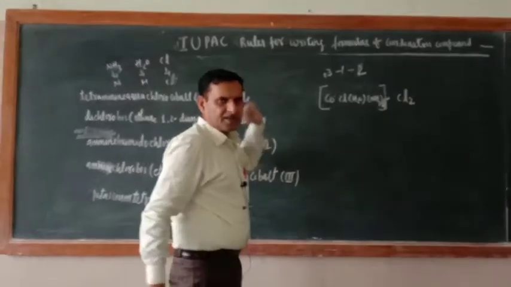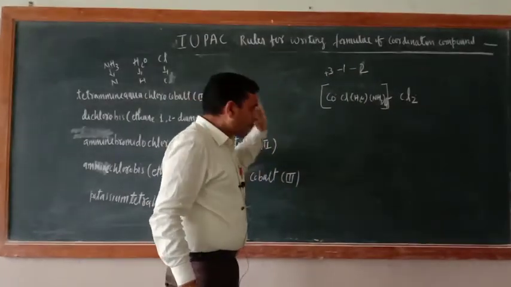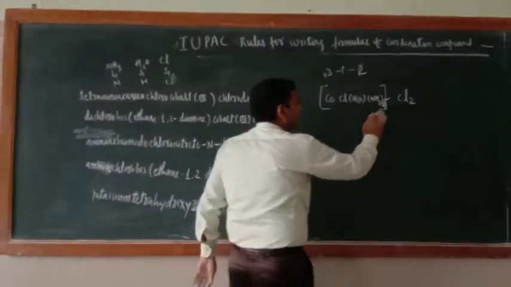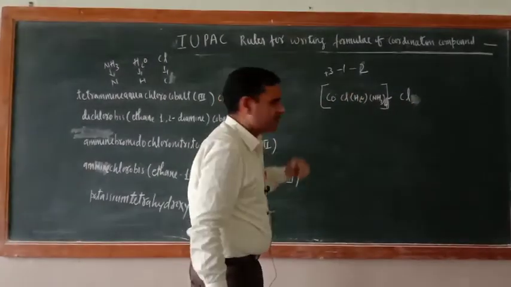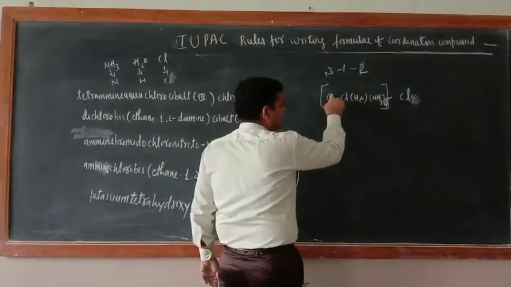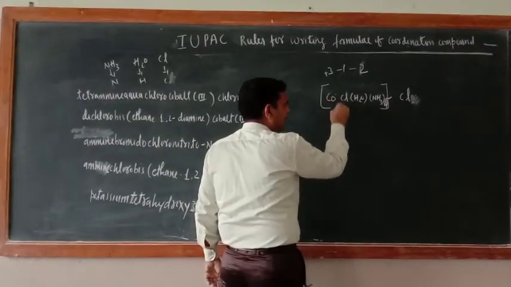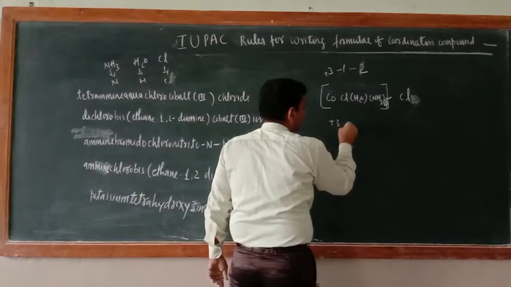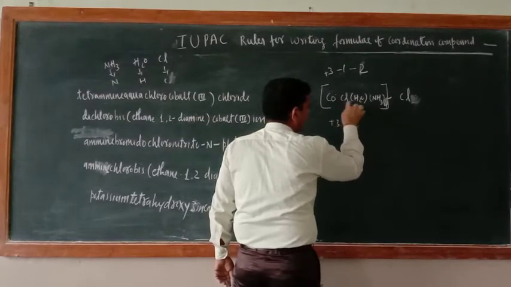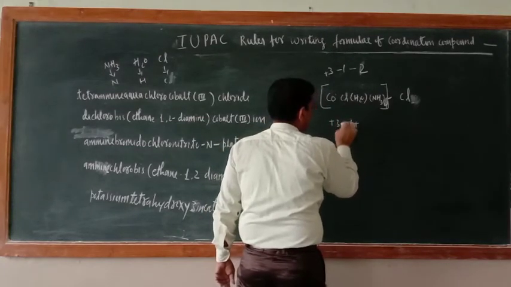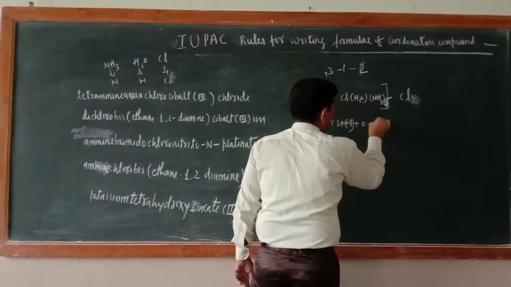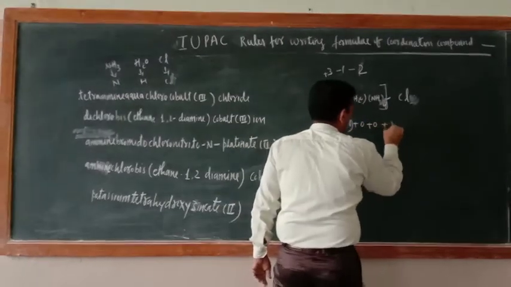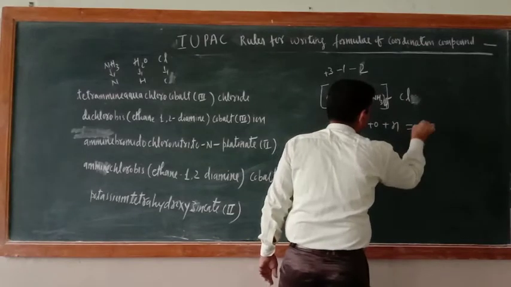Now it is correct. Now one more way is there to know the number of ions present in the ionization sphere. Now you know the oxidation state of cobalt is 3, so +3. Now -1 for chlorine, plus -1, +0, +0, plus x equal to 0.